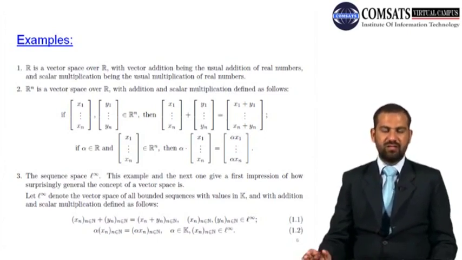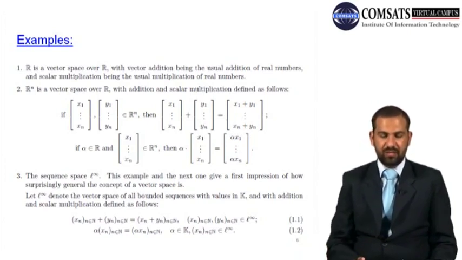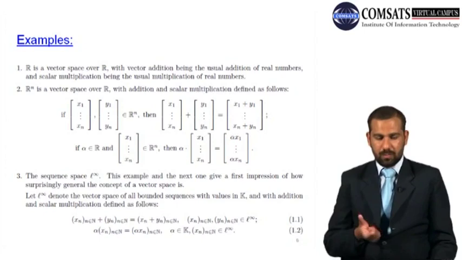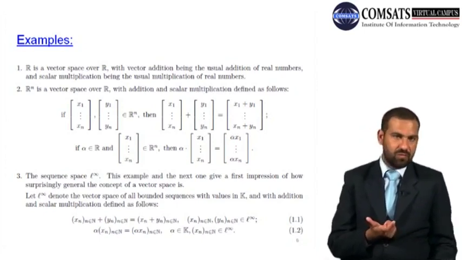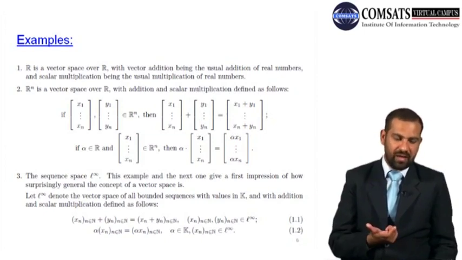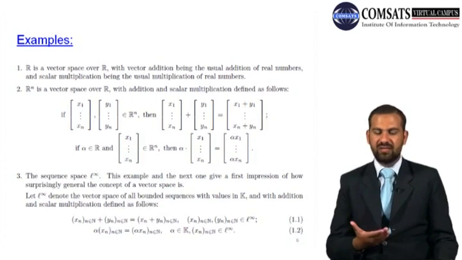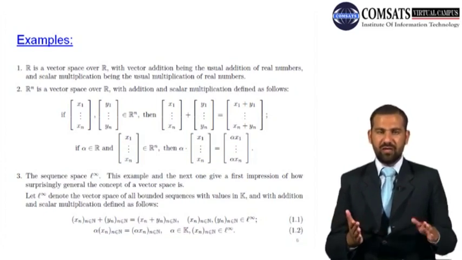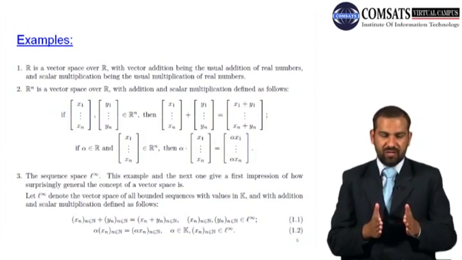Now the next one is that Rn is a vector space over R. In the first example we said that R is a vector space, but it's a one-dimensional vector space. Rn is an n-dimensional vector space over the field R with addition and scalar multiplication. Whenever we add two vectors, we write them in column form, first vector, second vector.